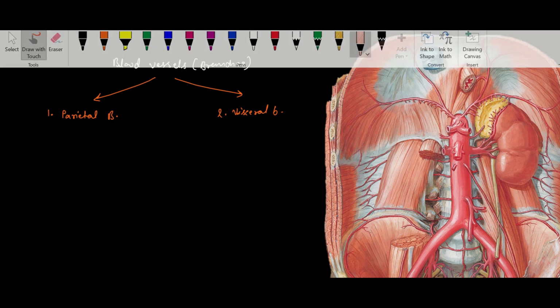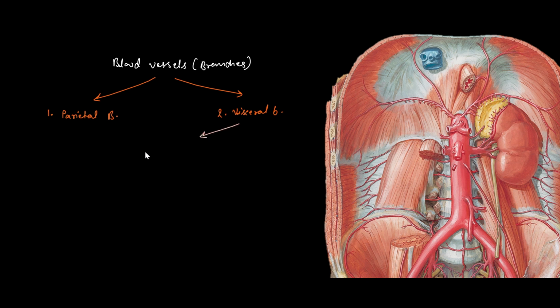The one is paired and the another is unpaired branches. So let's look for parietal branches first, then we will move towards the visceral branches.